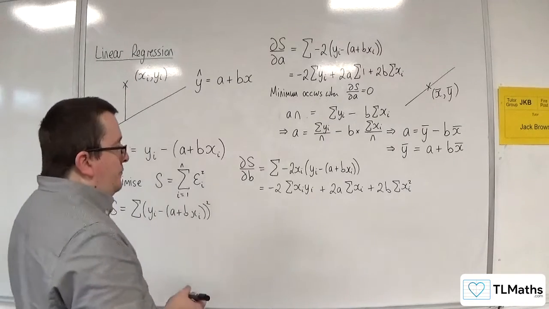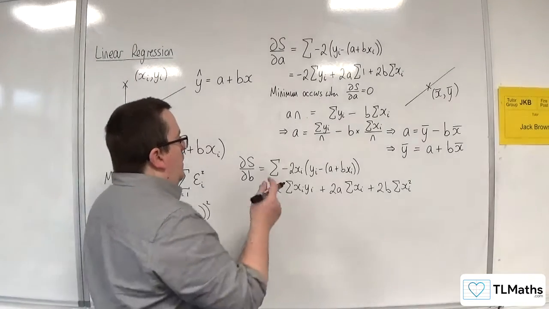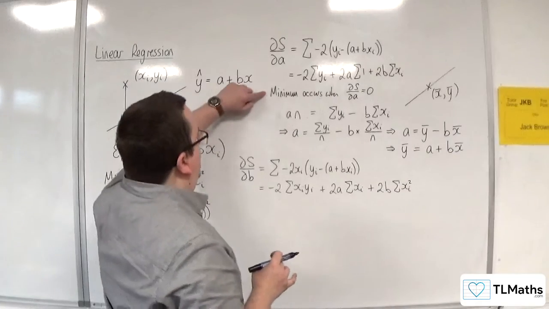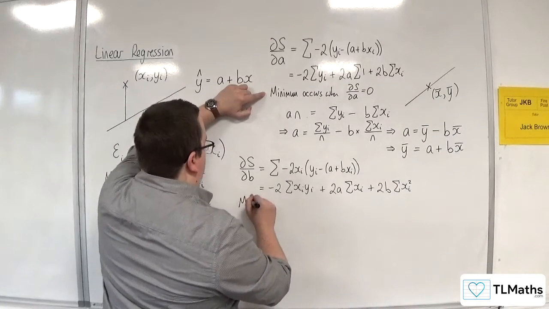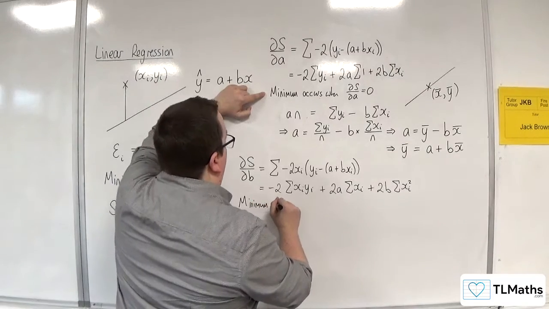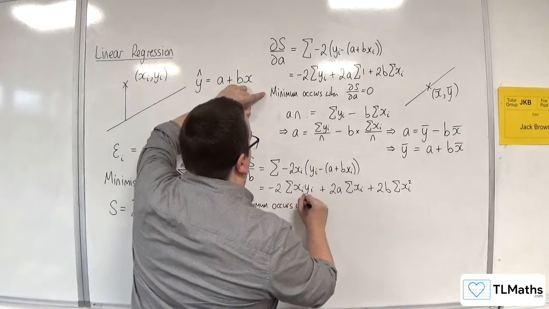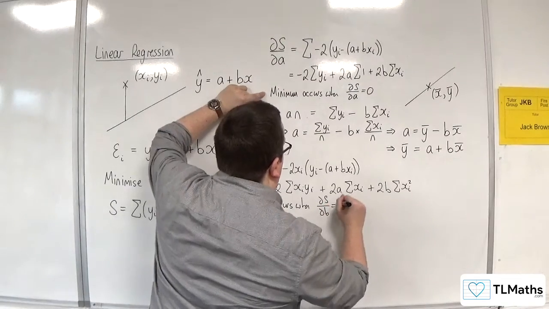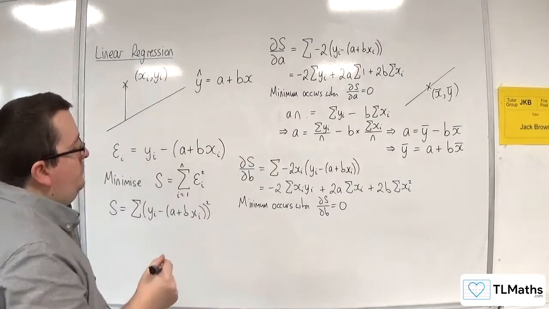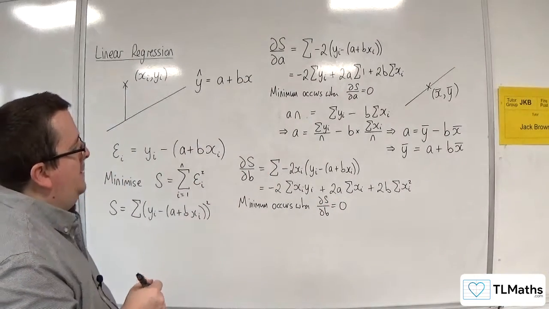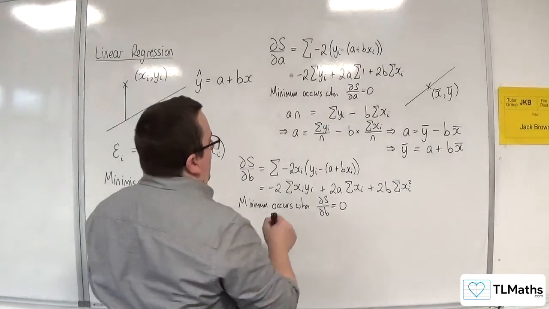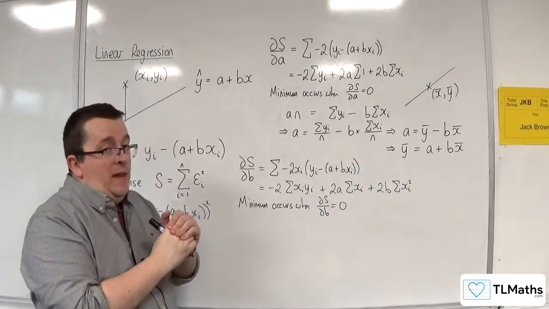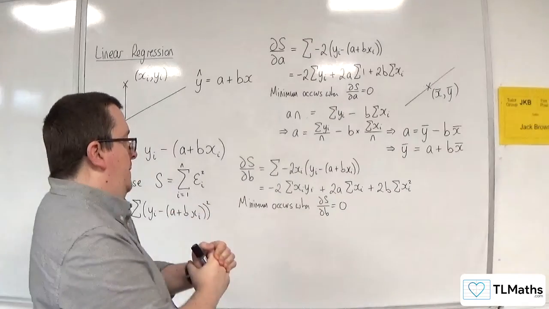Now, what I'm going to do next is consider that the minimum occurs when dS by db is equal to 0. So I'm going to put this equal to 0, and I want to get b equals. That's my target.